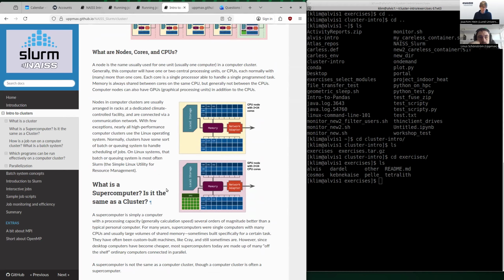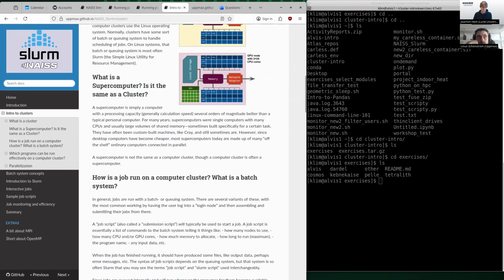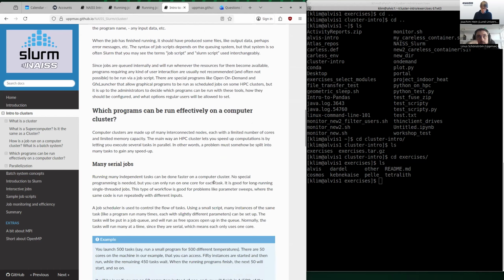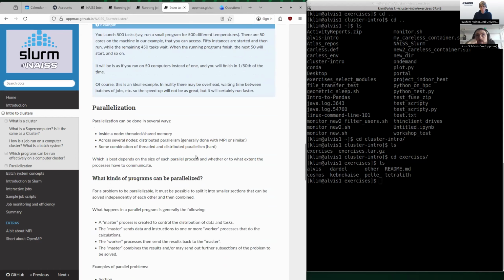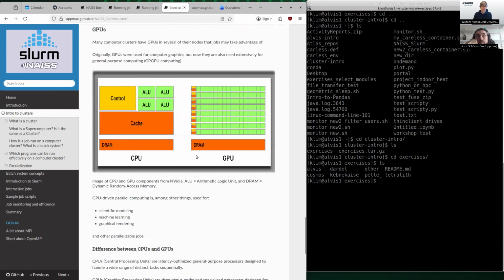The short answer is no. A cluster can be a group of supercomputers, but a supercomputer is usually a single computer. It has many CPUs and a large volume of shared memory, which makes it more powerful.